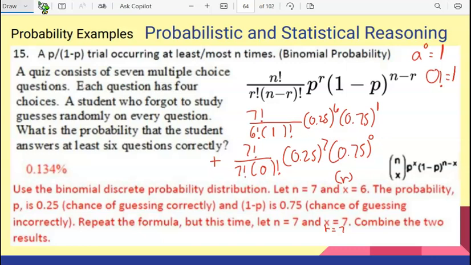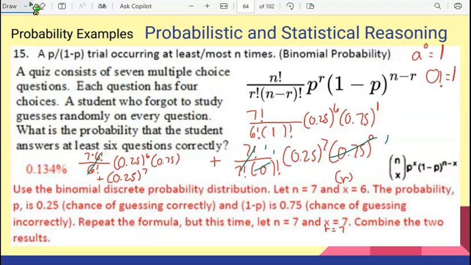So if we rewrite this, we have 7 times 6 factorial over 6 factorial, 0.25 to the 6th power times 0.75 to the first power, which is just 0.75, and then add the 7 factorials cancel out. You're left with 0.25 to the 7th power times 1. Alright, the 6 factorials will cancel out.